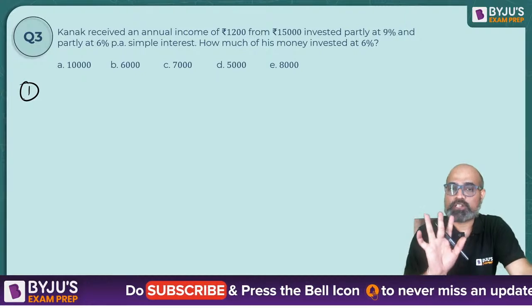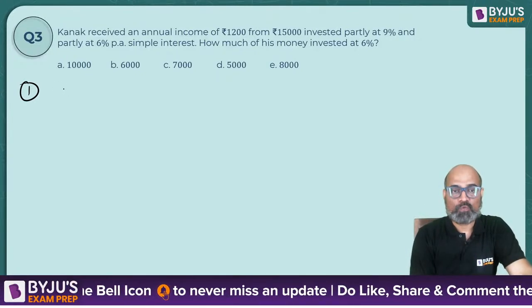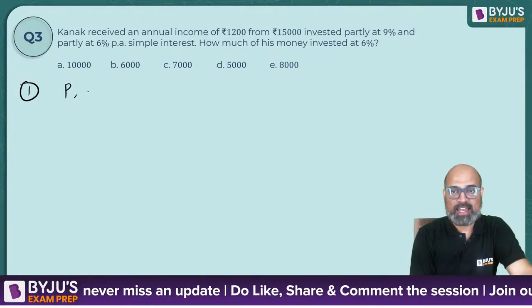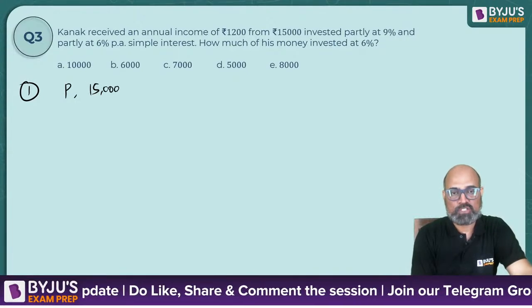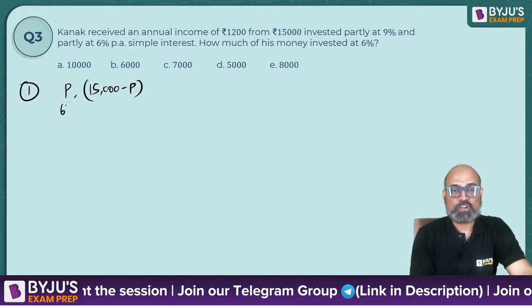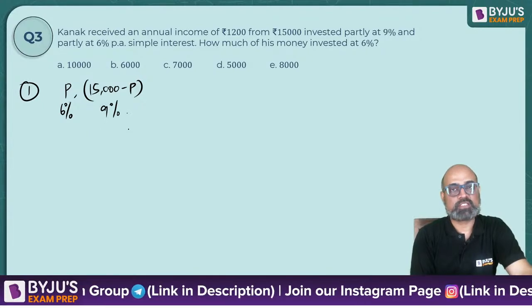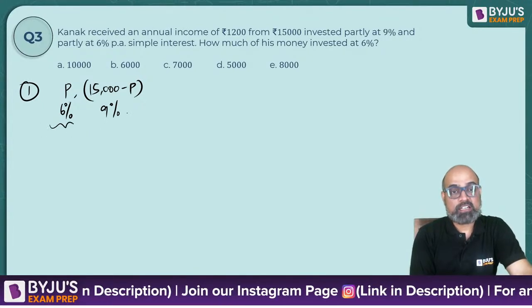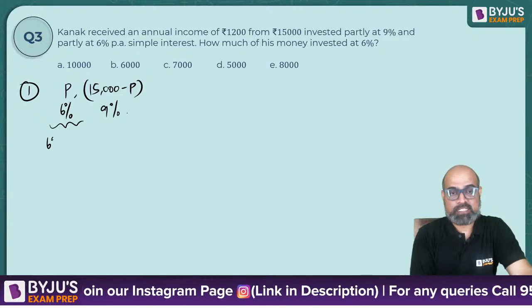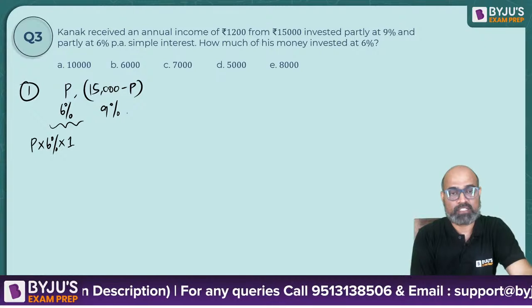We're going to use equations. So there are two amounts, right? One amount is P, let's say, and the other amount is 15,000 minus P. This P is for 6% and this 15,000 minus P is for 9%. The interest earned on this P will be P into 6% into T. The tenure is 1 year, no?